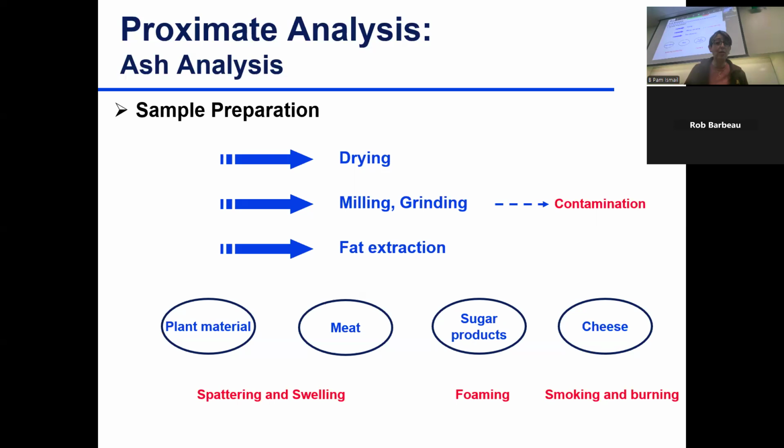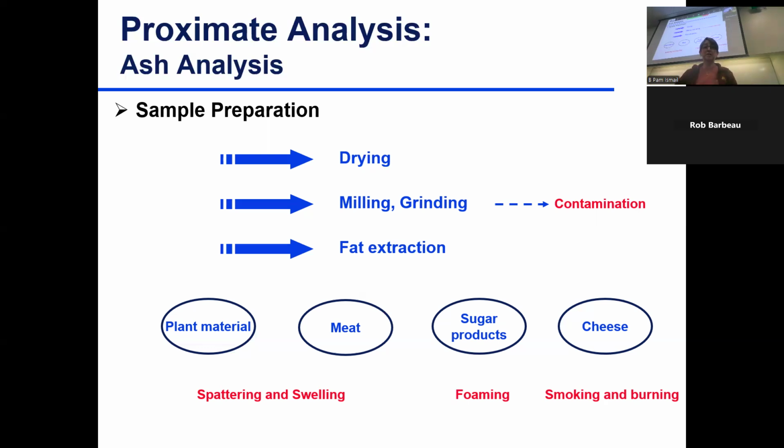Because if you don't have a pre-dried sample, you get splattering and swelling, and things will come out of that little crucible, you lose sample, and you underestimate your ash content. So you want to dry high moisture samples before you put them in the muffle furnace at very high temperature to ash them.